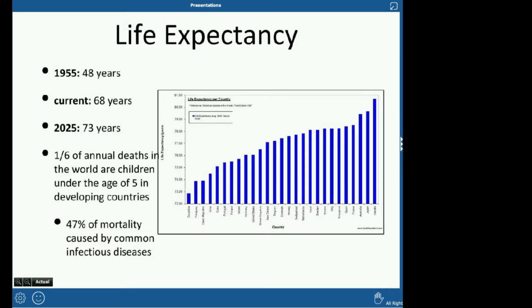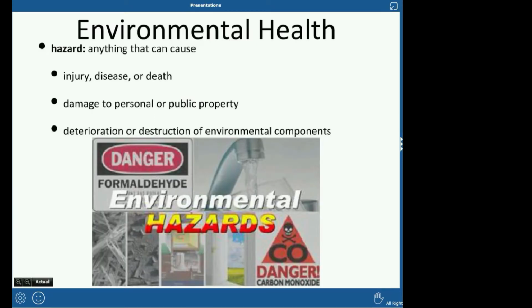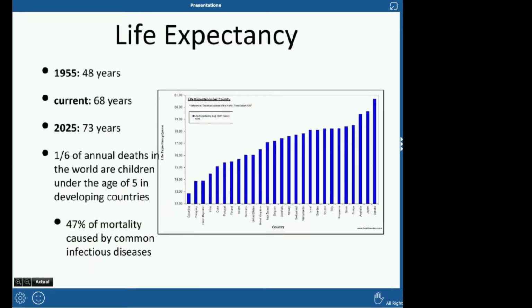And then we can talk about life expectancy. These are important background information that we need in order to understand the information in the unit. So in 1955, the average life expectancy was 48 years. Right now, it's 68 years, and then they expect it will be 73 years in 2025.